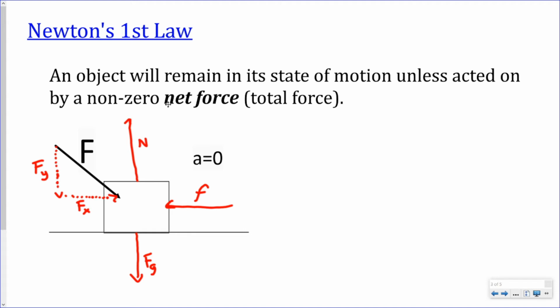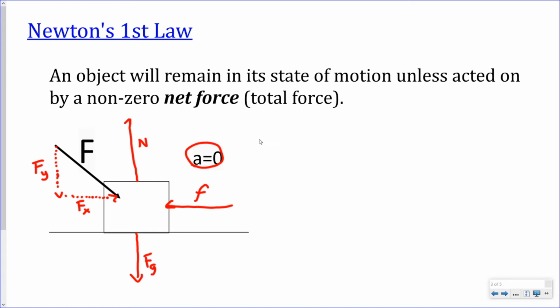What Newton's first law says is if we have a net force of 0, it's going to stay at the same motion. So either it's going to stay stationary or it's going to stay moving at the same speed. In either of those cases, acceleration is equal to 0 because the velocity is not changing. So the acceleration is 0 because the net force is 0.